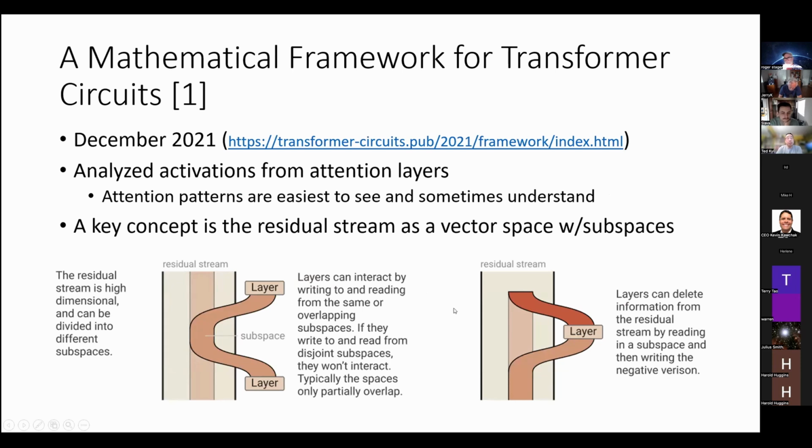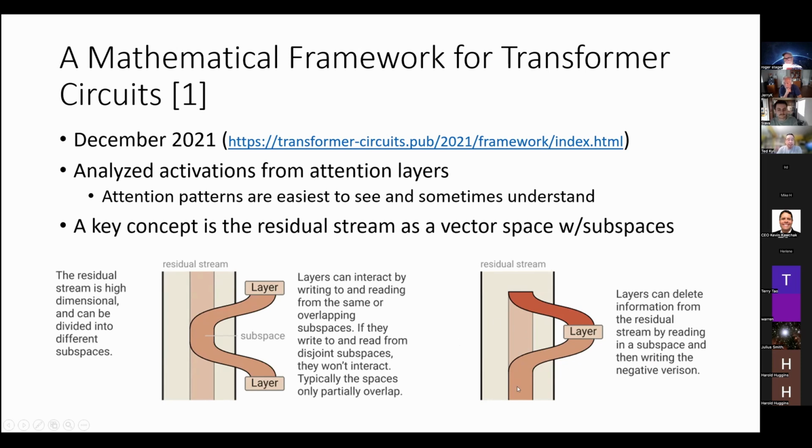So then the other thing to mention briefly is that the attention layers were really talked about in the mathematical framework for transformer circuits article, the very first one in the transformer series. What they talked about is that each attention head is reading from the residual stream, and realistically it's reading a subset and not the full width of it. So you can think of it as reading from a subspace.